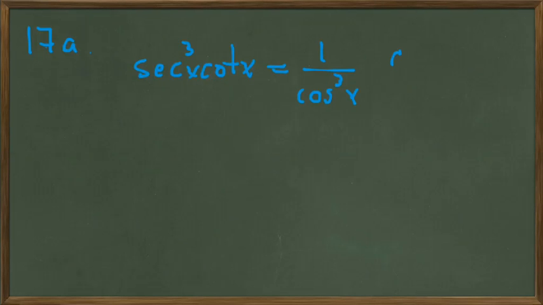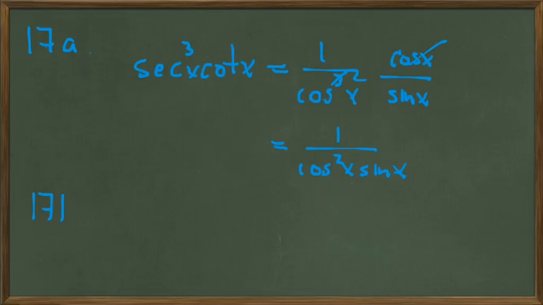Cotangent is cosine over sine, and then we simplify as much as possible to give us 1 over cosine squared x sine x. Because the cosine here changes this power here to a 2.